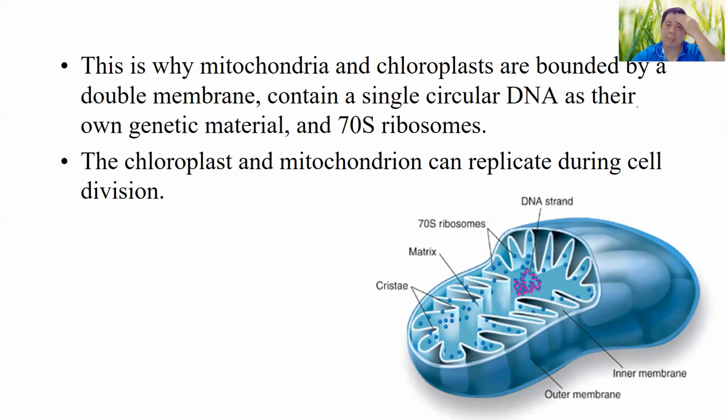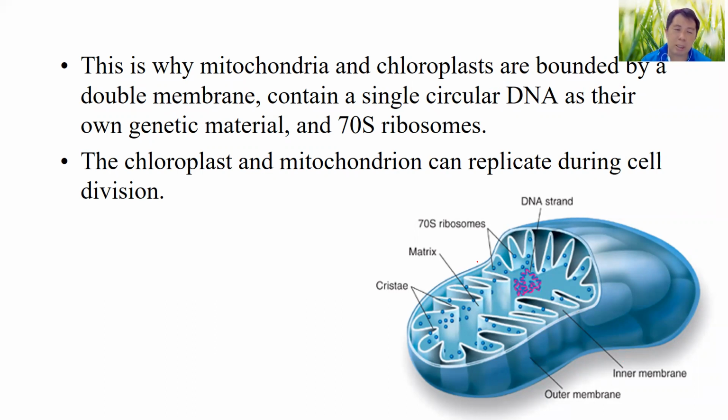Now we look at the mitochondria here. The mitochondria and the chloroplast are bound by a double membrane, the external membrane and the inner membrane. They contain a single circular DNA as their own genetic material, and 70S ribosomes, as in prokaryotic cells.